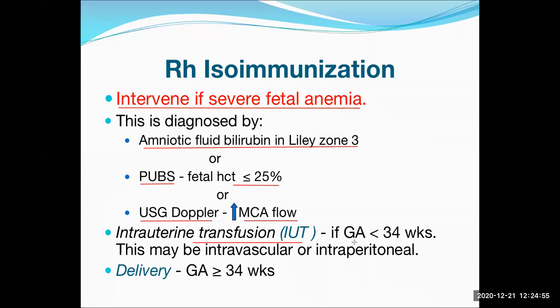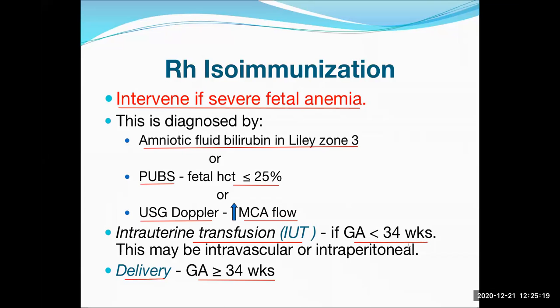Intrauterine transfusion is done if gestational age is less than 34 weeks, and delivery of the baby if gestational age is equal to or more than 34 weeks. Now, why? Gestational age less than 34 weeks means lungs are not mature. The fetus is very premature. So why take a chance if the facilities are available for intrauterine transfusion?